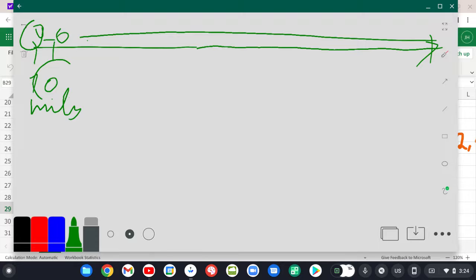That would be a huge distance. Even if it is 10 light years away, how would you express that?